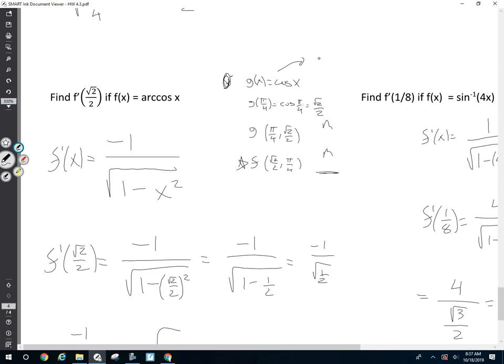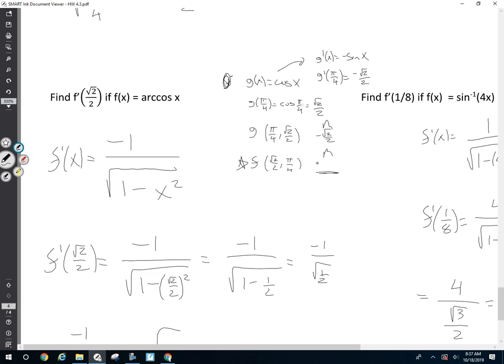G's derivative, g prime, is negative sine. Find g prime at pi over 4. The derivative negative sine x at pi over 4 would be negative root 2 over 2. So I found that this derivative is negative root 2 over 2.